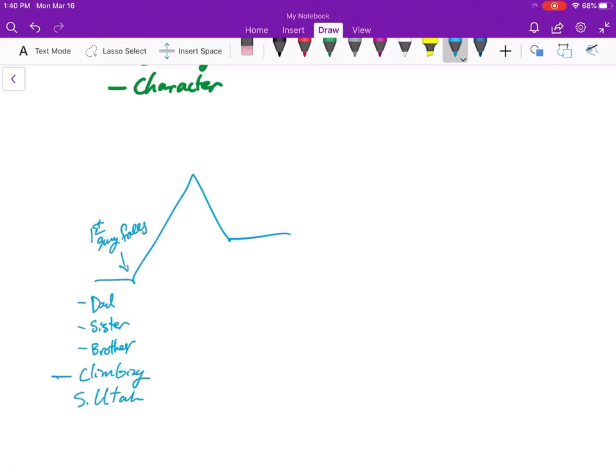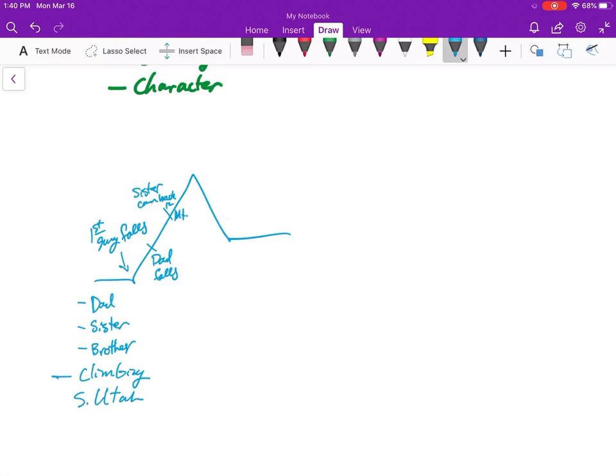Now, from that moment, everything that happens is rising action. We have the first guy falls, second guy falls, dad falls, and he pulls everybody down with him. We have the sister who is holding on, trying to get the cam back in, or to the mountain. All that stuff's going on.